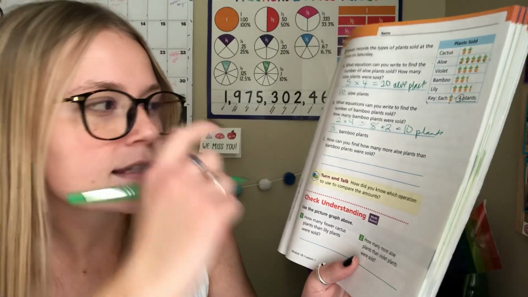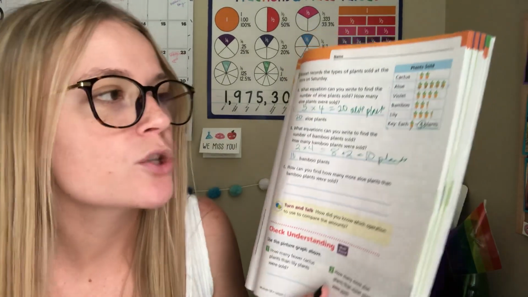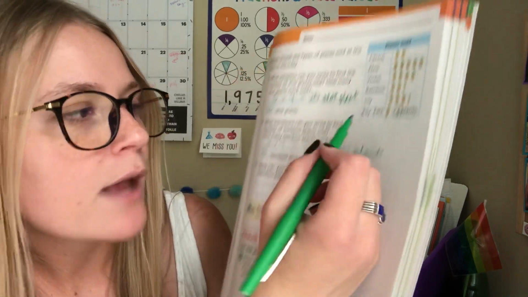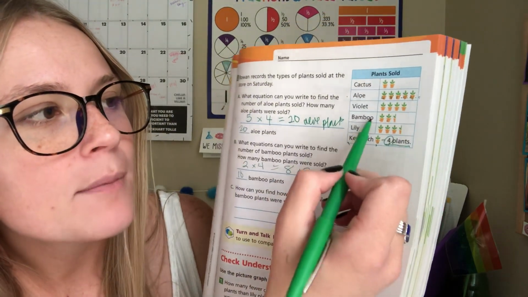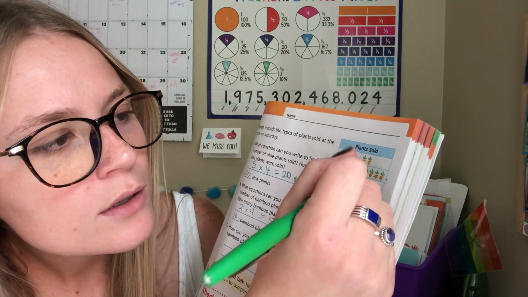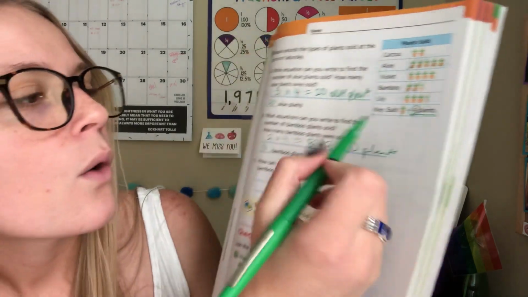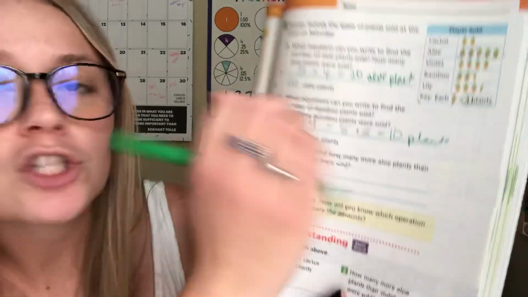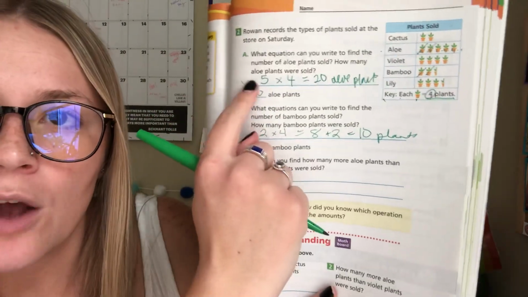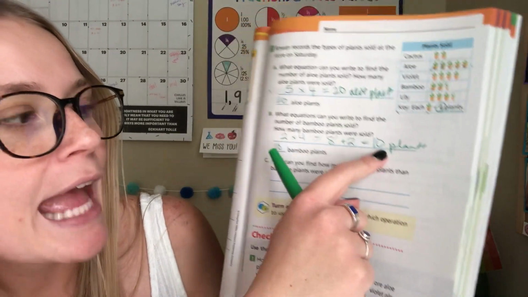Part C says, how can you find how many more aloe plants than bamboo plants were sold? So we just compare the aloe and the bamboo. We could just cross off what they have in common. Or I would just do the math and say, okay, 5 times 4 is 20, 2 times 4 is 8, 8 plus 2 is 10.